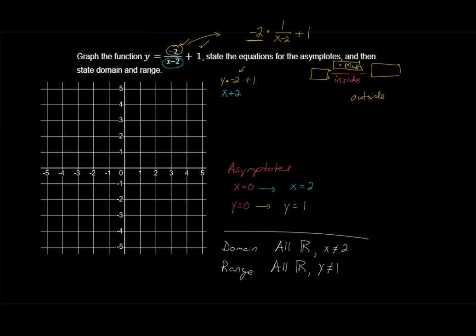Okay, now we just need to graph this. Now to graph it, we have our x asymptote at x equals 2. Now because it's an x asymptote, that is actually a vertical line. It's a vertical line because it's a vertical line where all the x values are 2. Here's where x is 2. Along this line, all x values are 2.